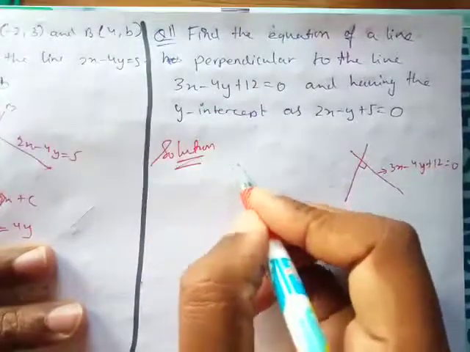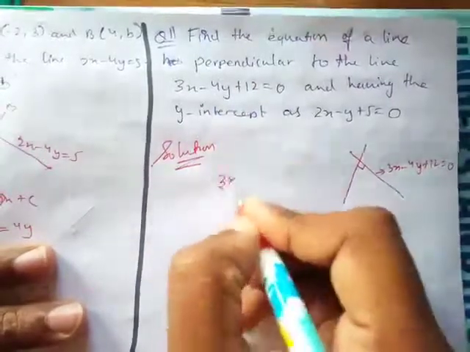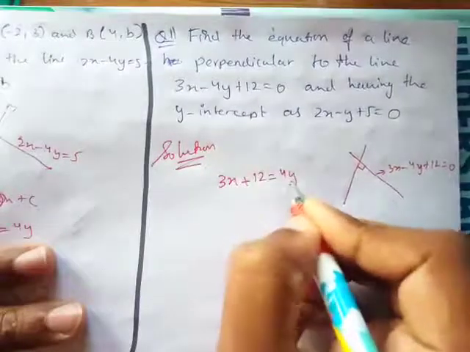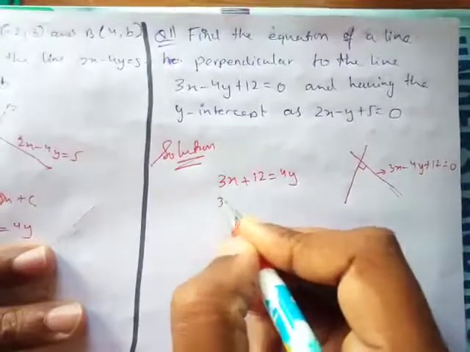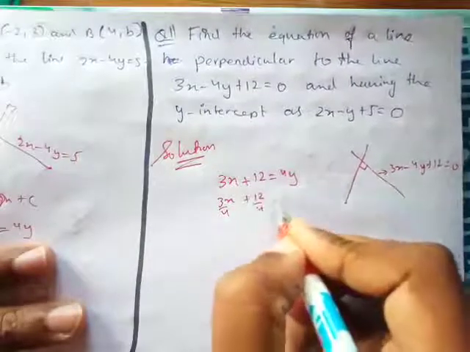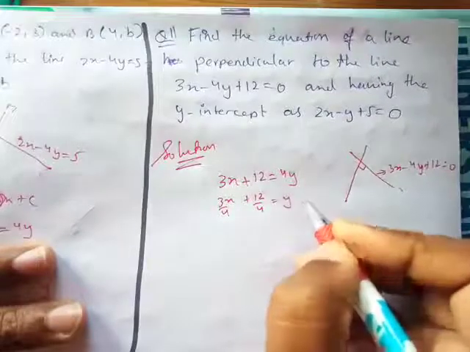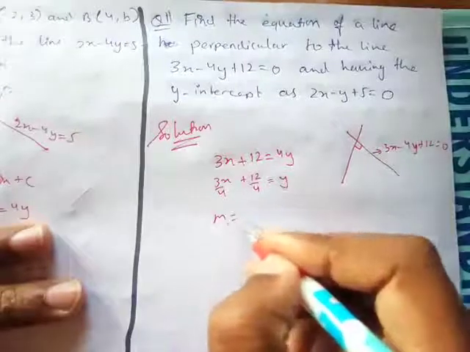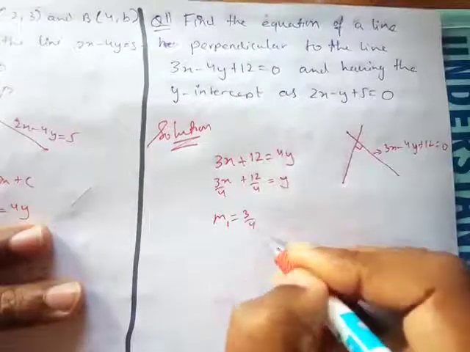So y, I'll shift over here: 3x plus 12 equals 4y, and 4 can go on that side, so (3x plus 12) upon 4 equals y. So for me m, or m1, is equal to 3 over 4.